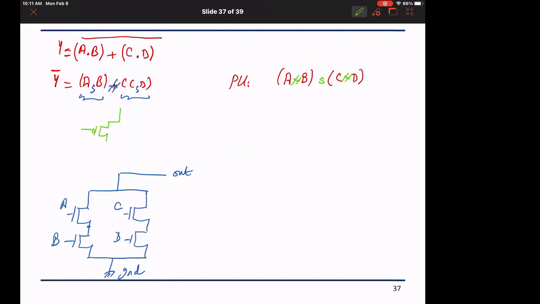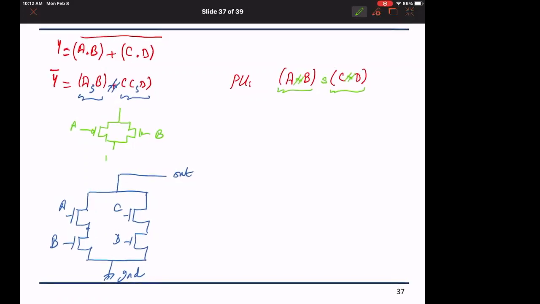So this is A and B. And then the same block, I have another block C parallel to D, and the whole thing is in series. So I have another block where I have C, and this C is in parallel to transistor D, and those two blocks are in series.